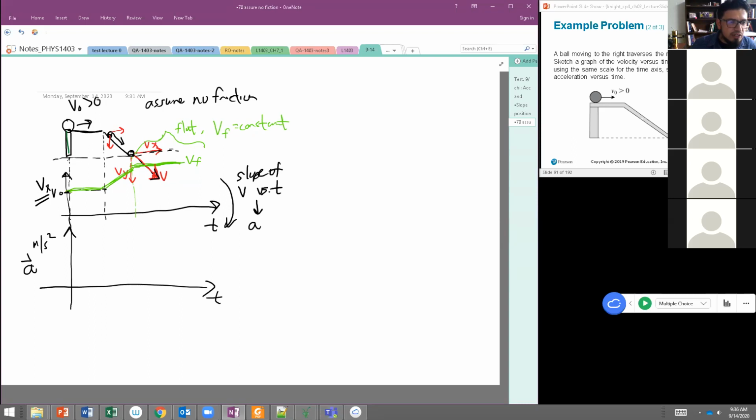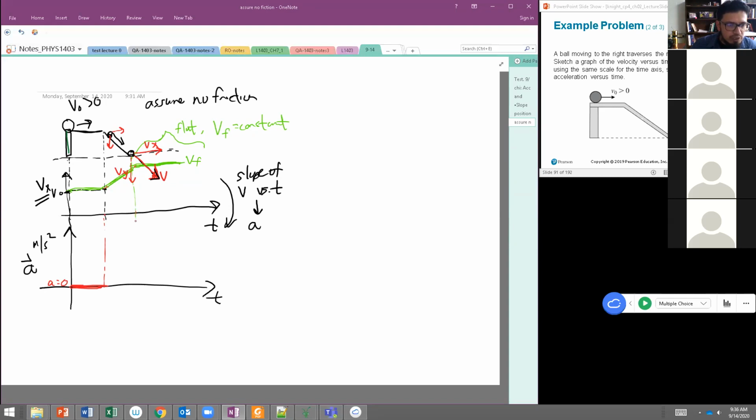So in this case, you start off here with constant velocity. Well, that's a 0 slope. So the acceleration in this first part of the motion is actually 0. Zero acceleration down here, a equals 0. Next part, we have a positive slope to the velocity.